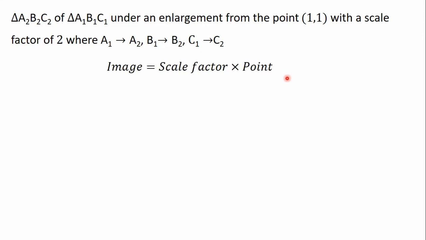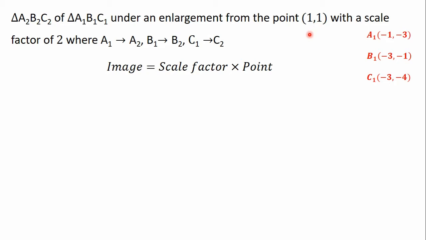We have learned that when a point is enlarged from the origin, the image is equal to the scale factor times the point. We are going to enlarge the points A1, B1, C1. These are the coordinates of A1, these are the coordinates of B1, and these are the coordinates of C1. Our center of enlargement is the point 1, 1.